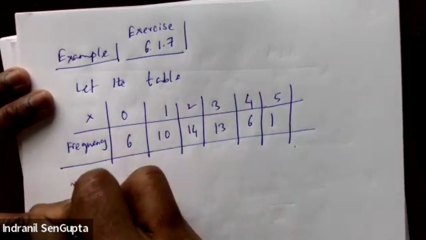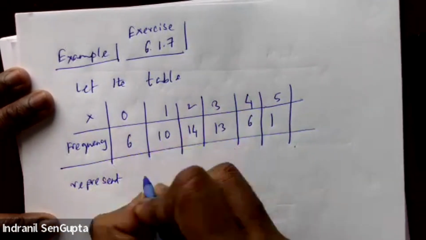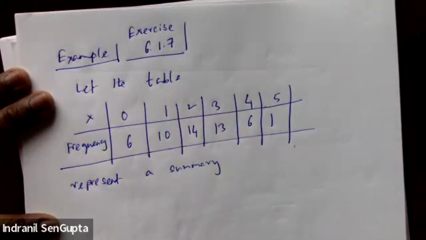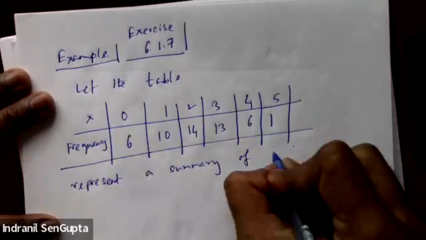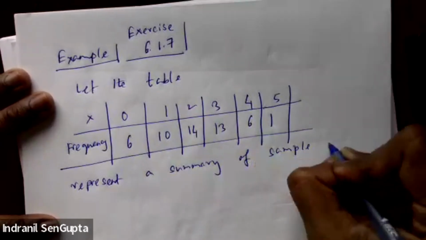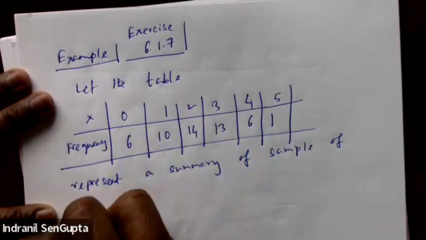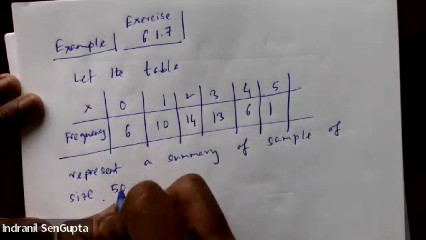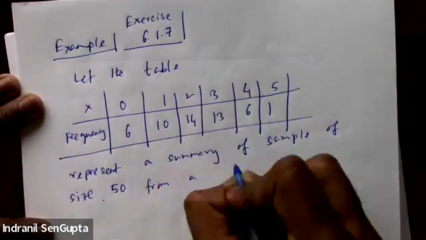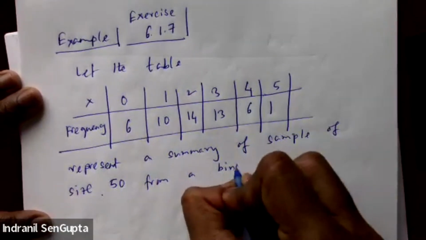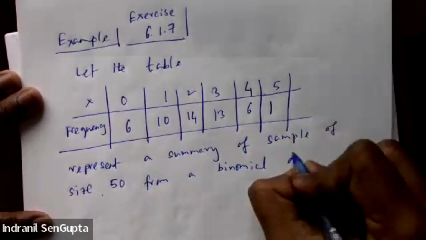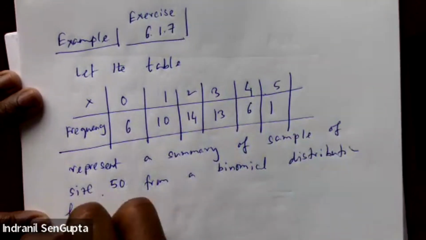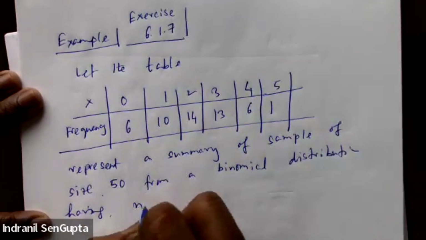representing a summary of a sample of size 50 from a binomial distribution having n equals 5.